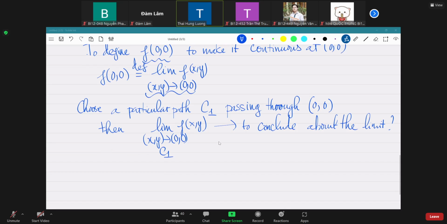This is a very important question about the limit of a multivariable function.